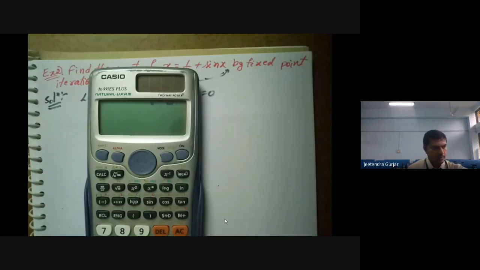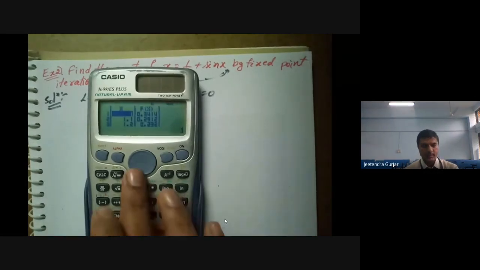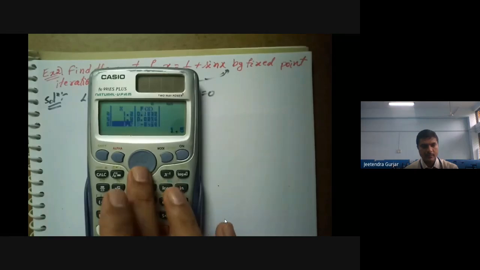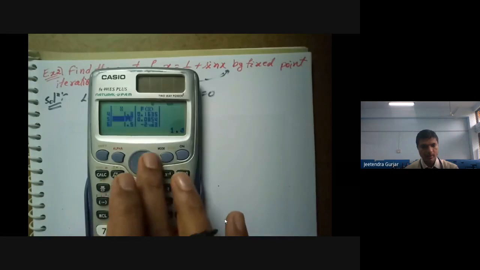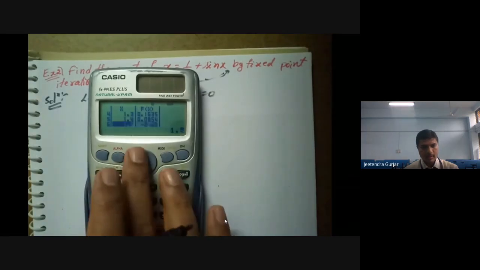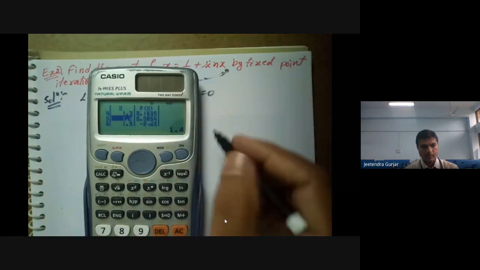So the root must be at f of 2. I have substituted like that. Then you can see x on the LHS and f of x on the RHS. Therefore the root lies between 1 and 2. I have given the step length. In this you can see f at 1.4 is positive and at 1.5 it is negative.